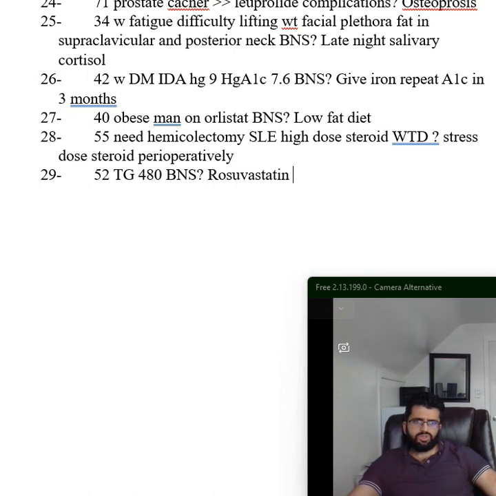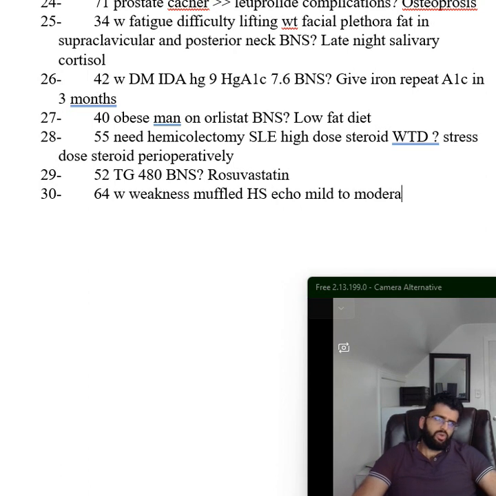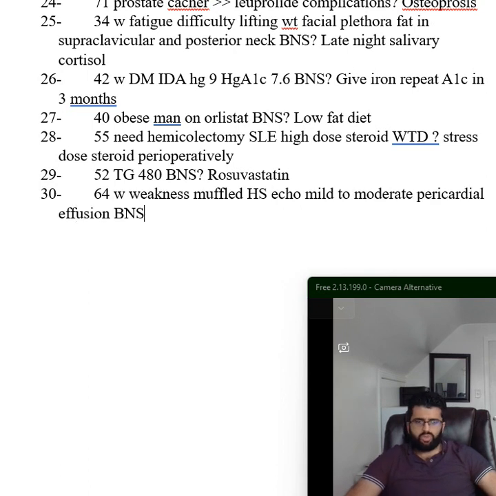Okay, now this case is interesting. If you see a 64-year-old woman who comes in with weakness and a muffled heart sound, and you do an echo that shows mild to moderate pericardial effusion, they're asking how you work up pericardial effusion.